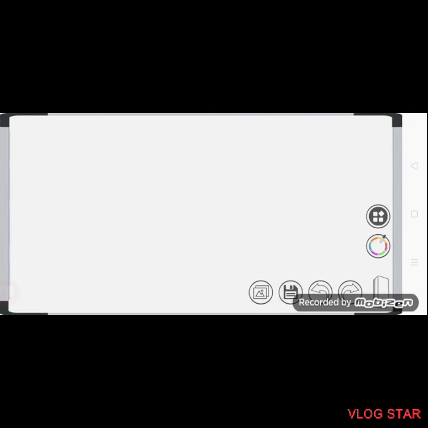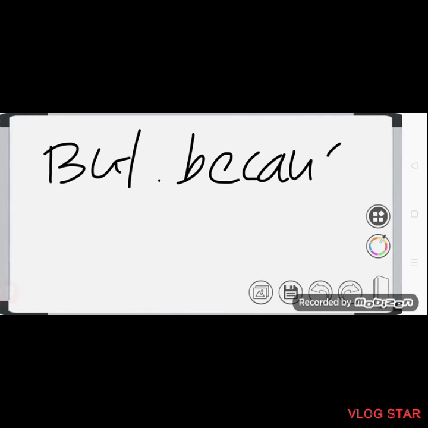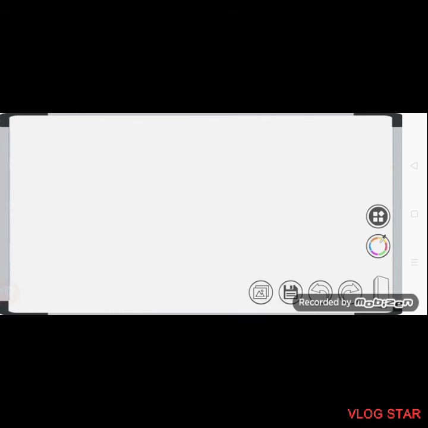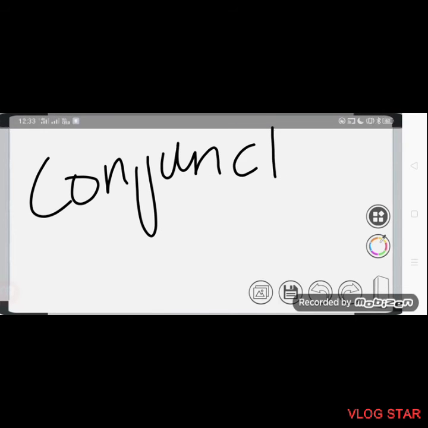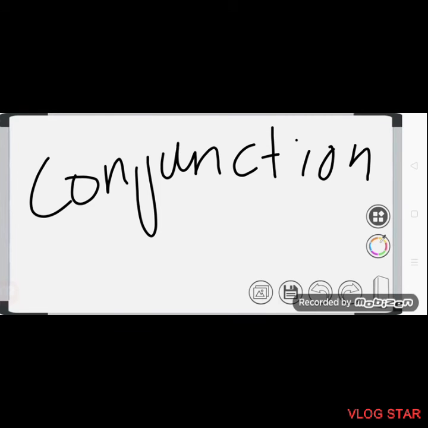Examples of conjunctions are but, because, and. The flower is so beautiful and it gives us a pleasant mood. So here, "and" is a conjunction.